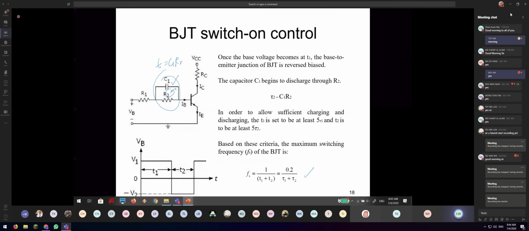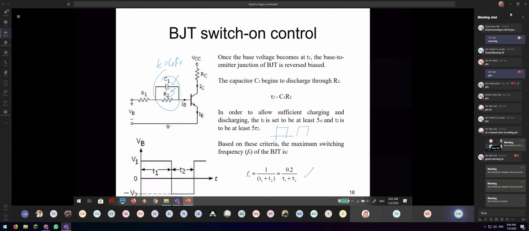So they have sufficient time to charge and to discharge. This is the design consideration.